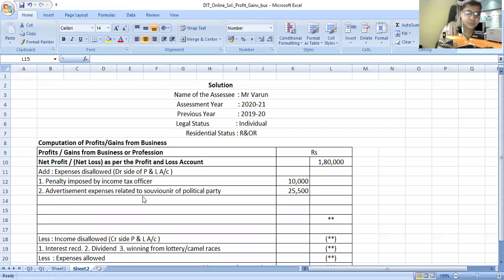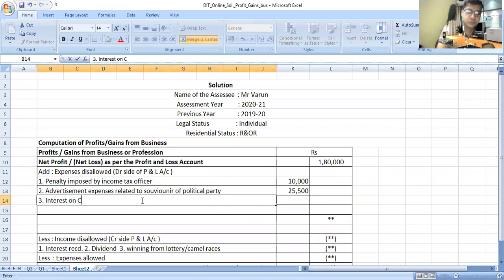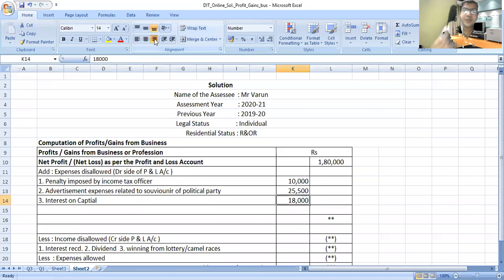So again we will add it to net profit. The value, third number, interest on capital. These things you have to keep in mind. The value of the interest on capital is 18,000. It is totally disallowed, 100% disallowed.